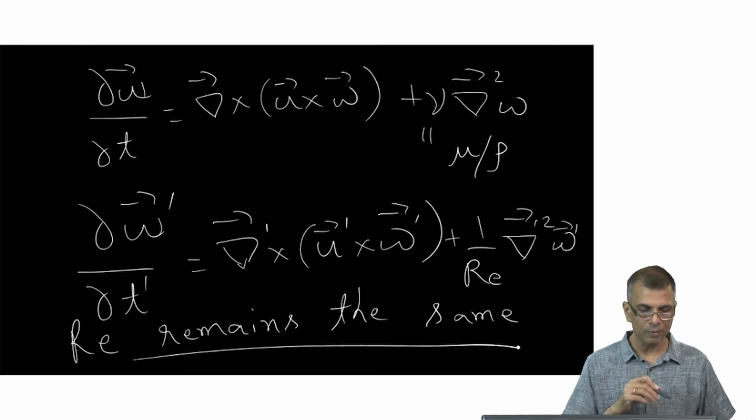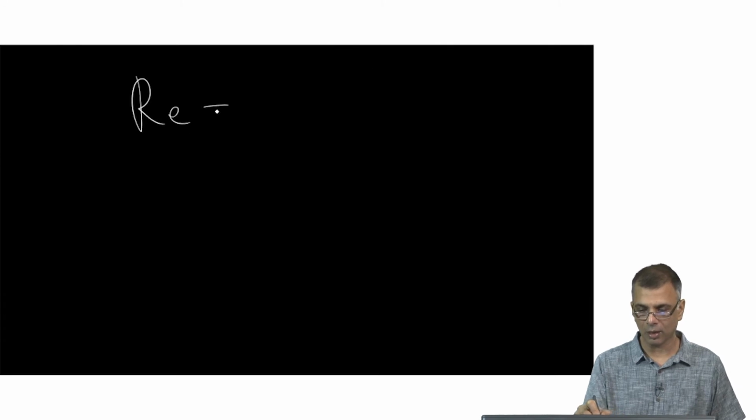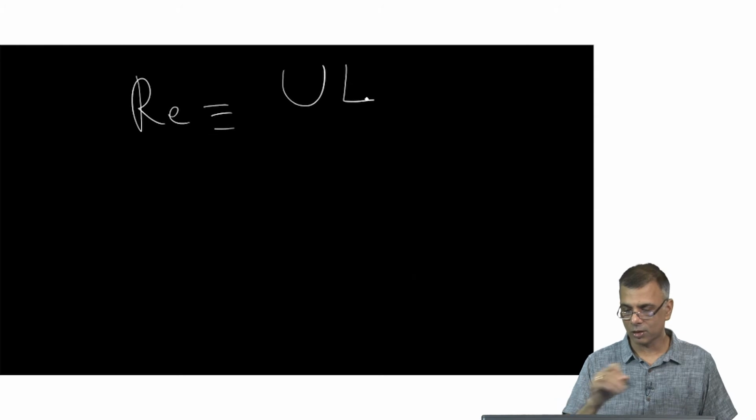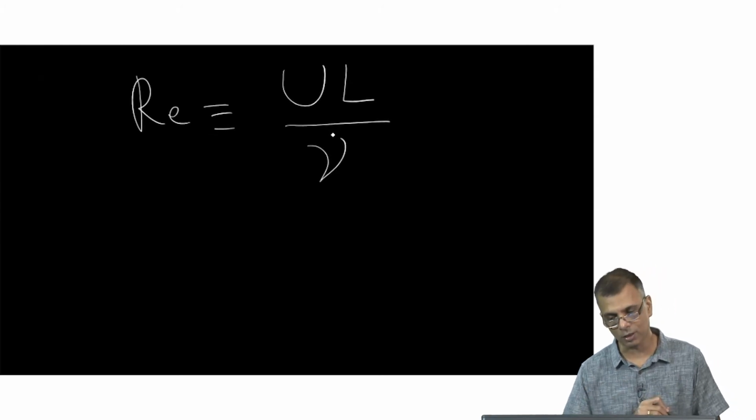Let's go back and look at the definition of the Reynolds number. It's worth writing this down yet again: some macroscopic velocity times some macroscopic length divided by the coefficient of viscosity, right?